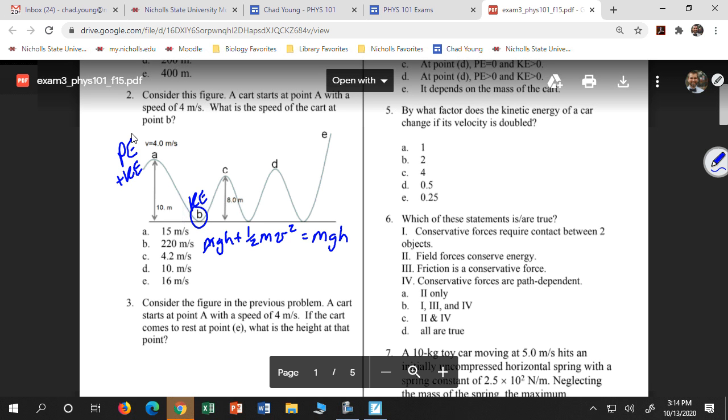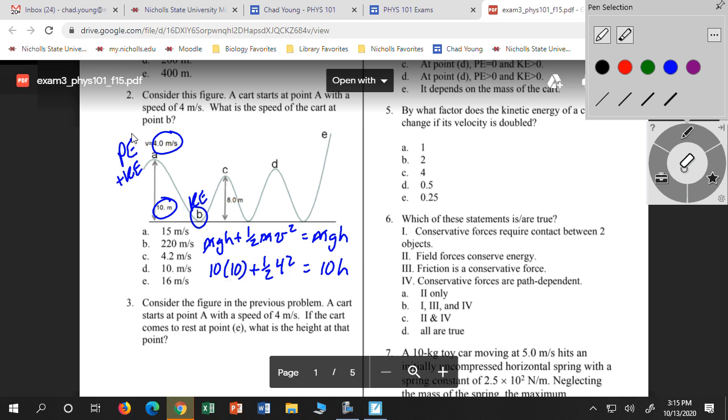I'm going to get rid of my m's, by the way. So 10 times 10, that's g times this height, plus 1/2 of 4 squared, that's this speed, is equal to 10 times, oh, I'm sorry, I made a mistake, because my height there is actually 0.